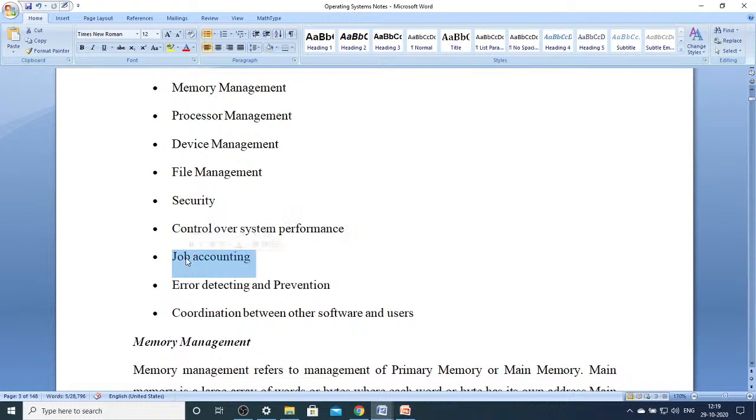And job accounting. This is required because the operating system will make sure which users are executing their processes, how long they are accessing the resources, and which resources are in demand.